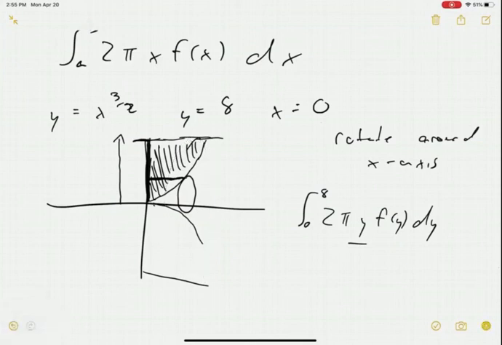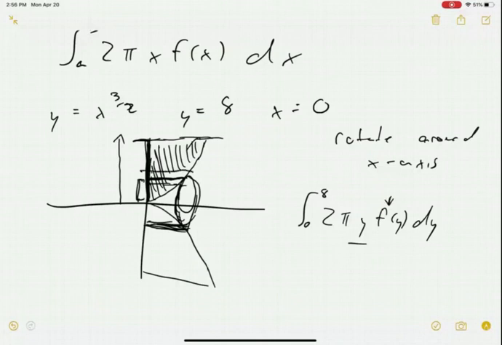We're making cylinders. So what do my cylinders look like? This cylinder, for example, would look like this. This is my y coordinate, the radius of my cylinder, and then this f of y is going to be the height of my cylinder measured from here to here.